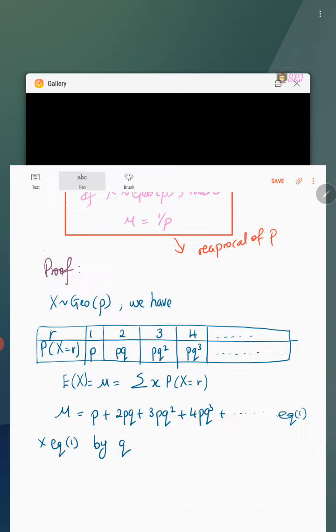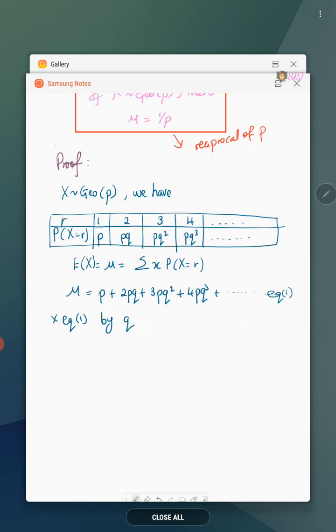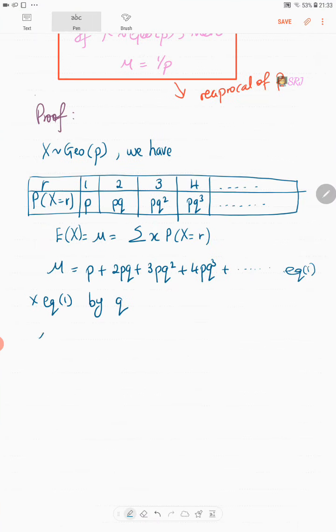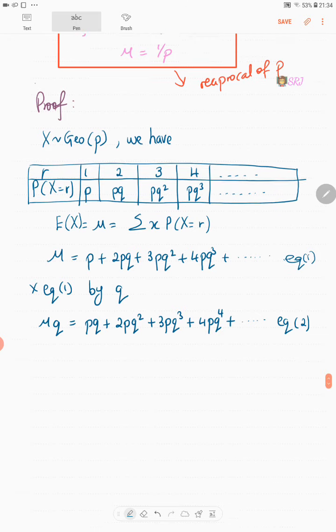We obtain mu times q equals pq plus 2pq square plus 3pq cube plus 4pq power 4. This we write as equation 2.